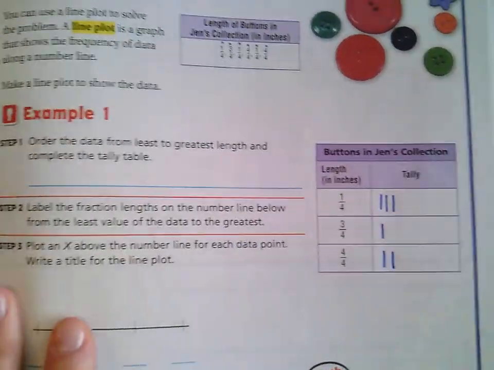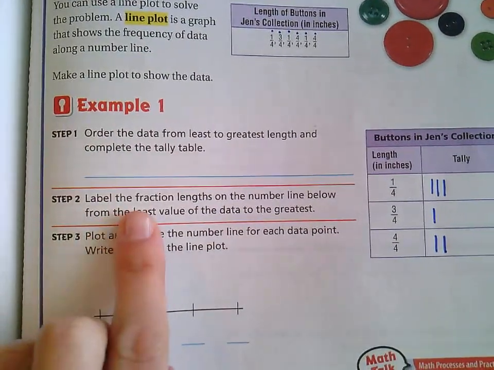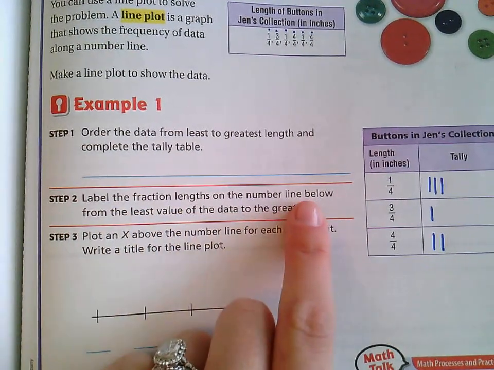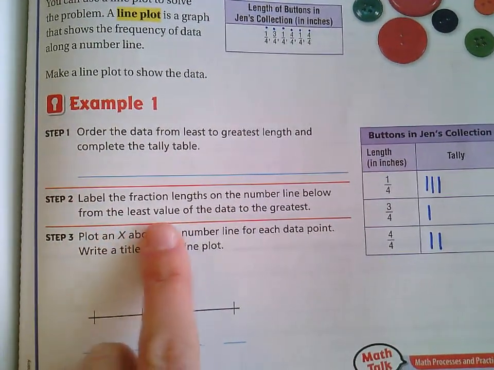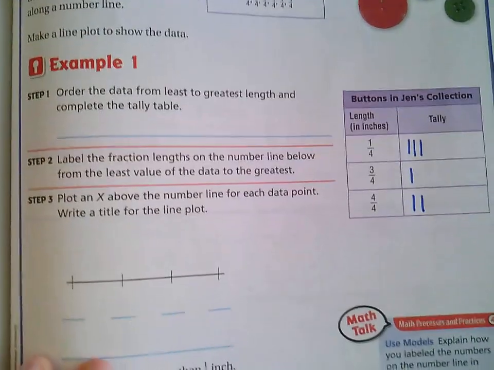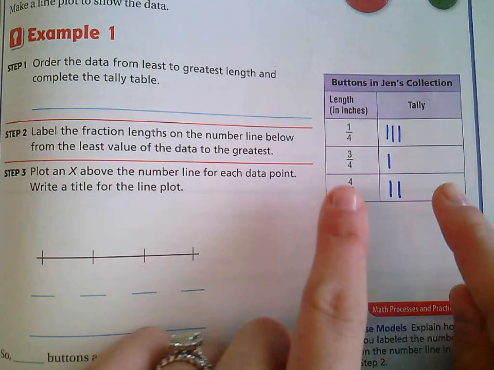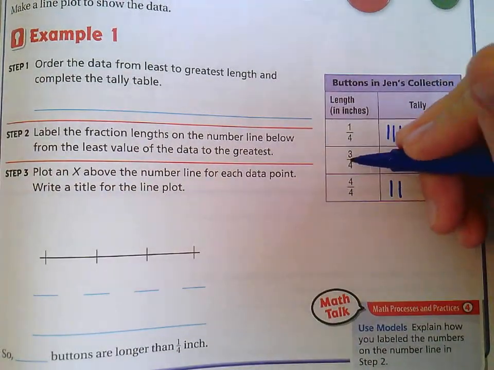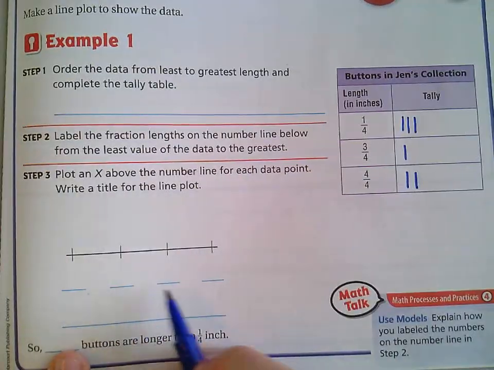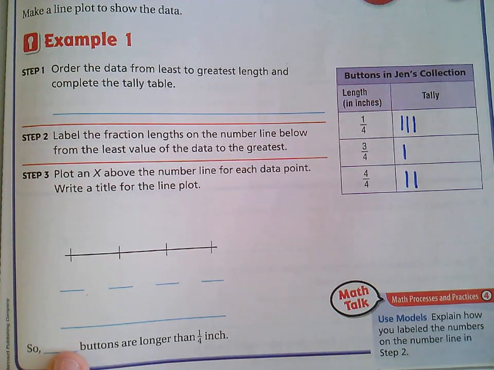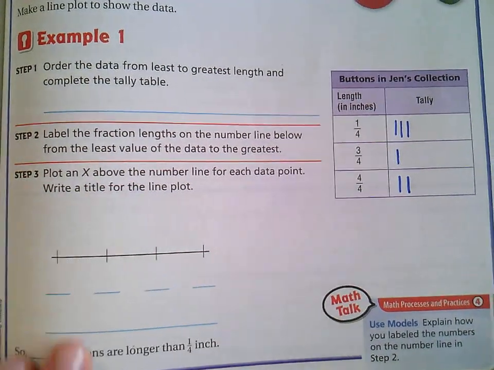Okay, my step two. Label the fraction lengths on the number line below, from the least value of the data to the greatest. Here's what is different about this number line and this chart. There are three lengths here, but there are four listed in this chart. Here's what it wants you to do.